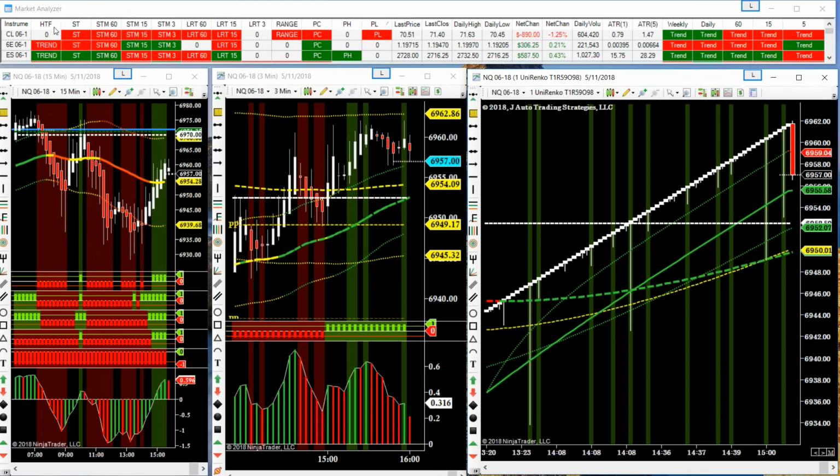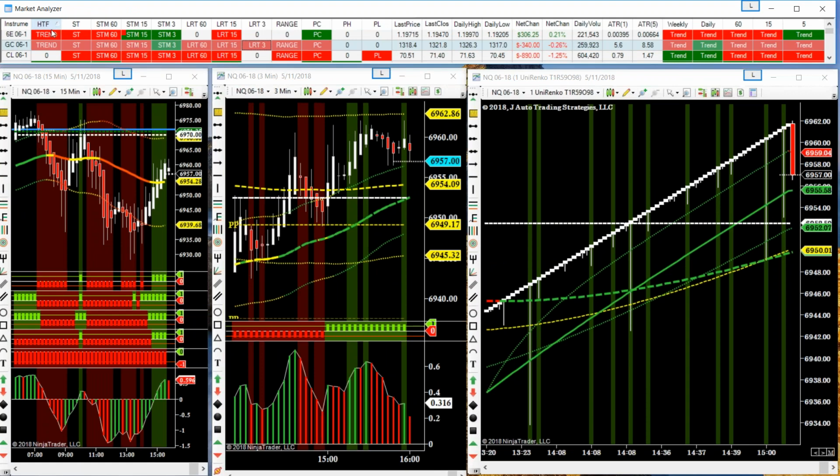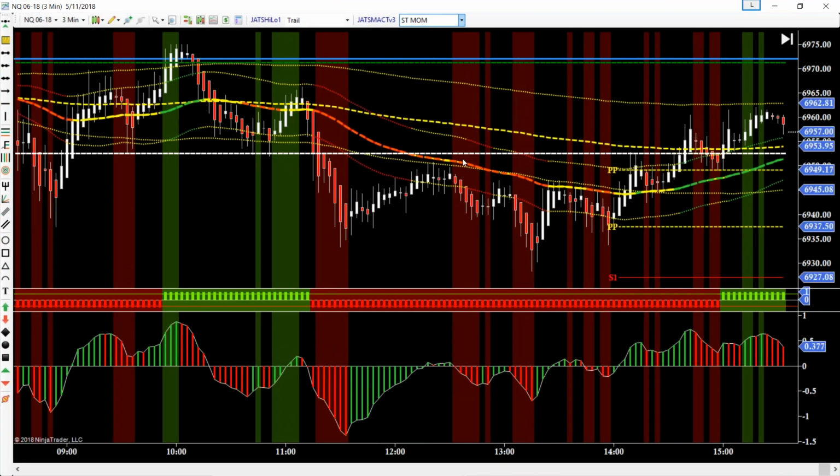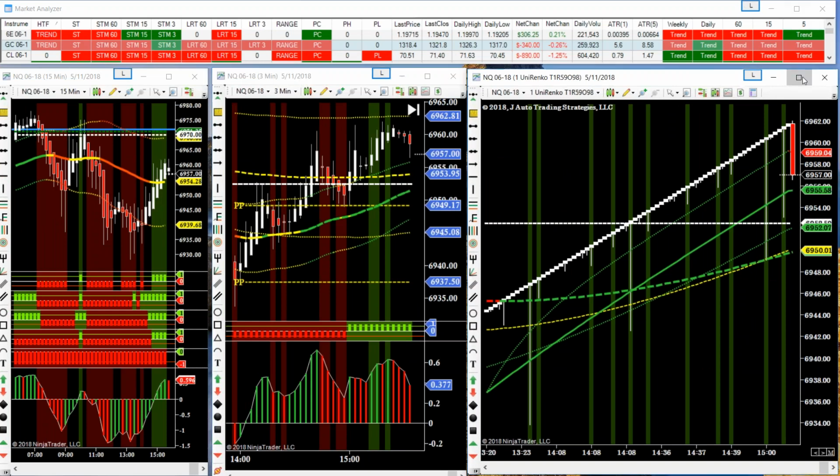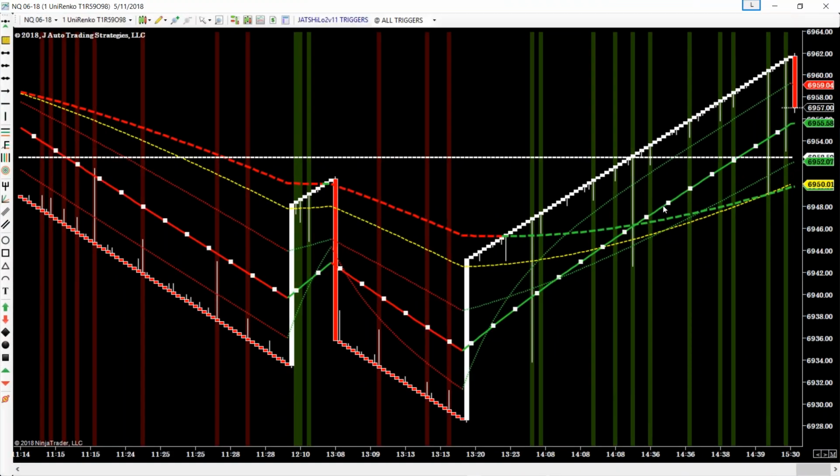And I want that higher time frame trend to be on my side too. And always this Saint Mom 3, try to trade in that direction on these pullbacks. So when the market pulls back here, you're not getting a signal on this chart, but you'll be at the 50 usually to pick up a trade, the 50 or the 89.